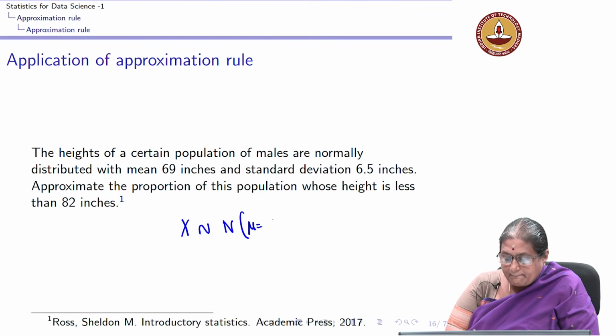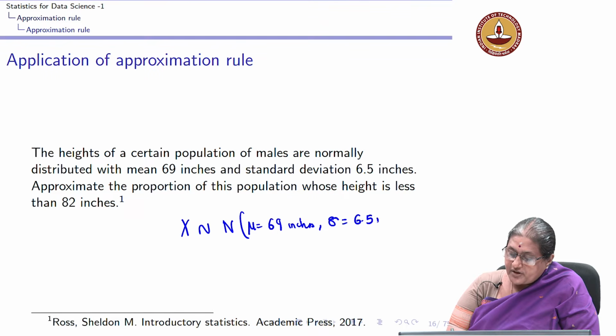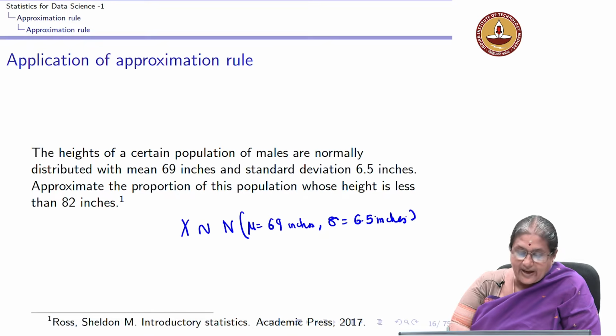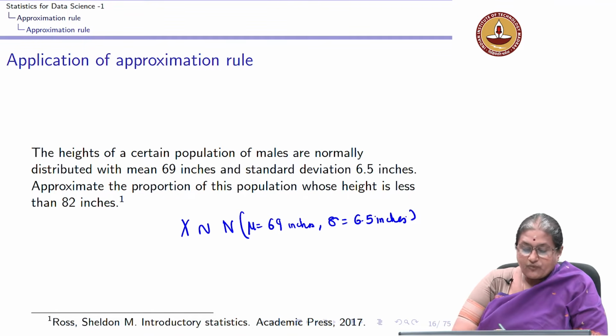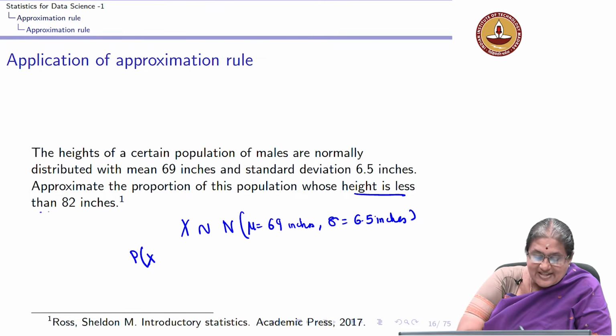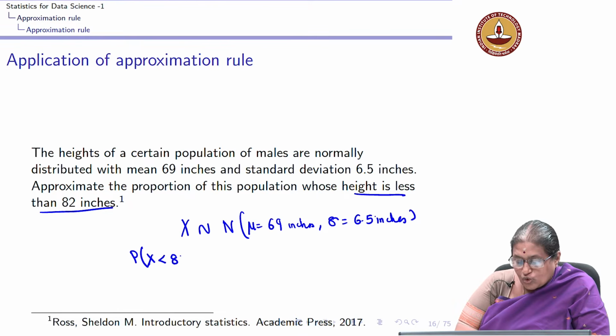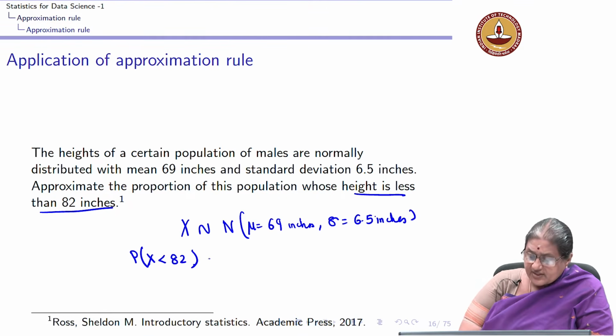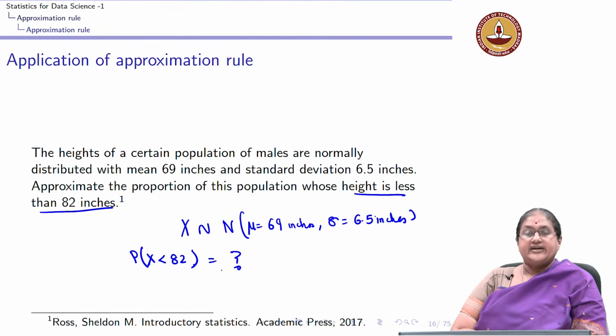I know that the mean is 69 inches and the standard deviation is 6.5 inches. This is what I observe. I want to know the proportion of the population whose height is less than 82 inches.